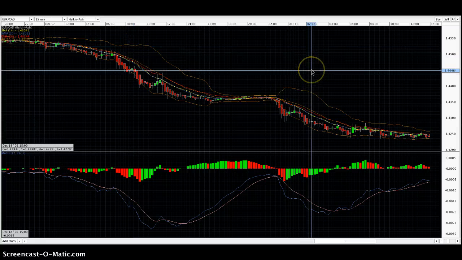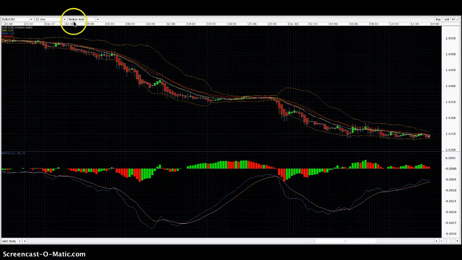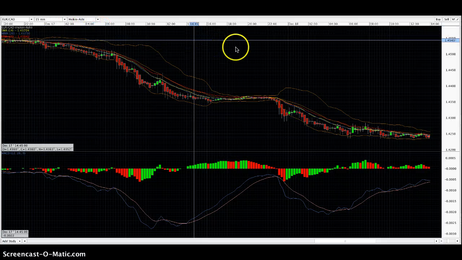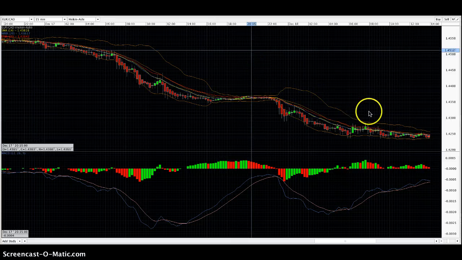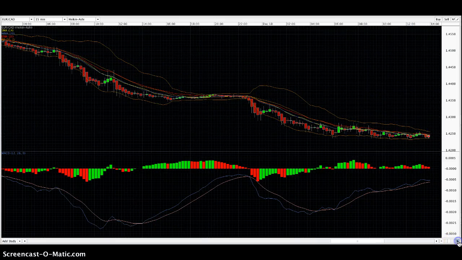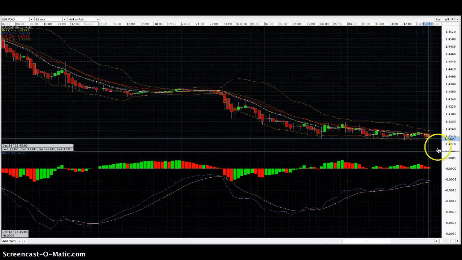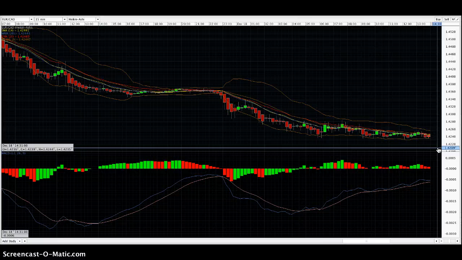Now that I've established my trend, I'm still using the Heikin Ashi chart, not the regular candlestick. This is the Japanese way to draw the candlesticks. I'm going to zoom in a little bit on this chart. I notice my last candlestick is red, which means it's going down. That verifies my trend.